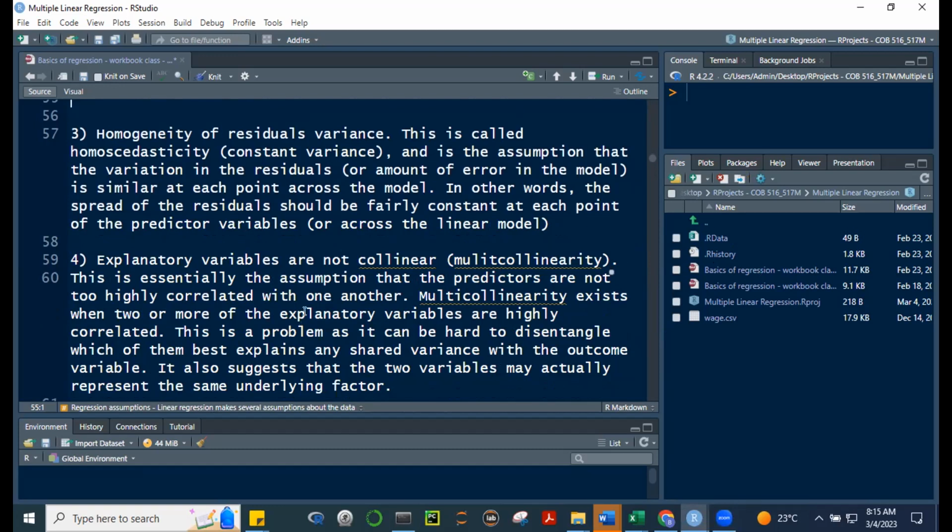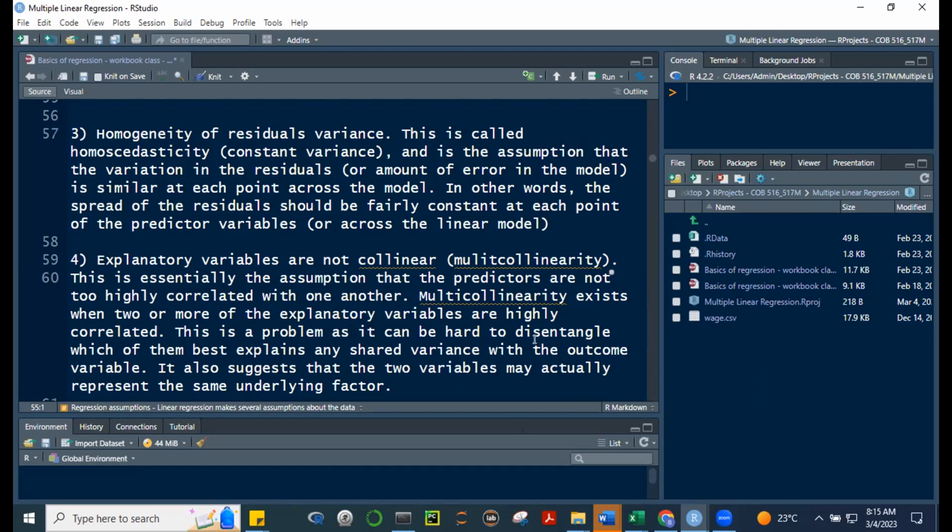It's not good for the independent variables to be highly correlated. As we said, this will be a problem because it will be difficult to disentangle. The independent variables seek to explain your dependent variable. If they're highly correlated, then it will be difficult to determine which part of the variability of your dependent variable is being explained by independent variable 1 or independent variable 2.